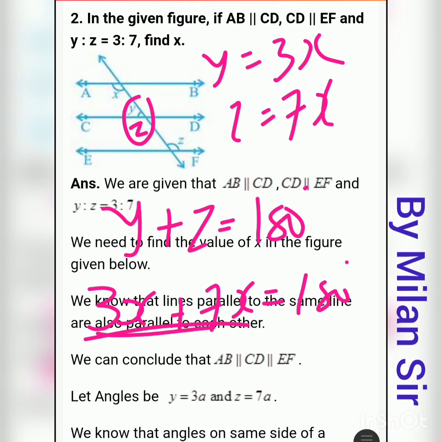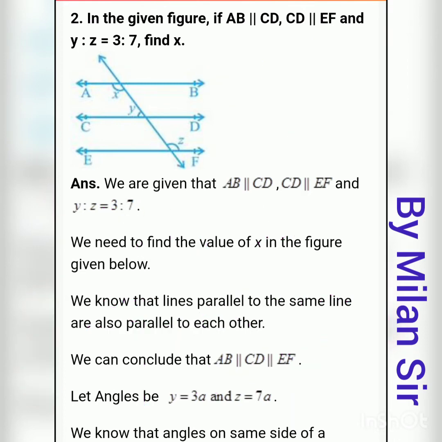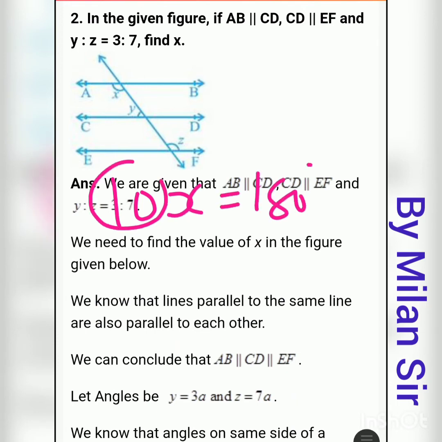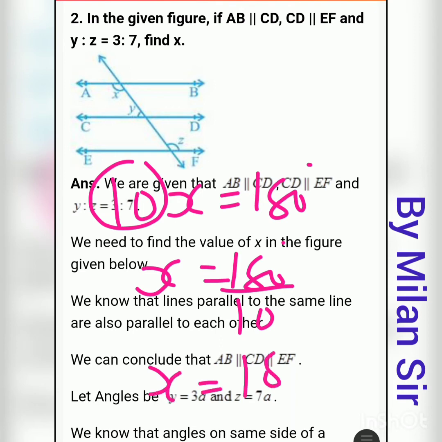Now 7x plus 3x is 10x, so 10x is equal to 180 degrees. Now from here we can find the value of x. Transfer this 10 to the right hand side, so 180 divided by 10 is 18. So x is equal to 18.